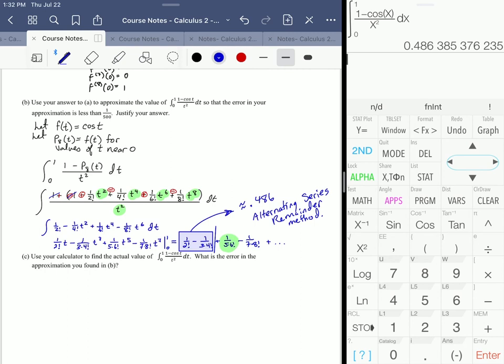All right. So I did not keep track of the decimal, so let's actually go for that. So this is approximately 0.486. Let's see what the remainder would be.